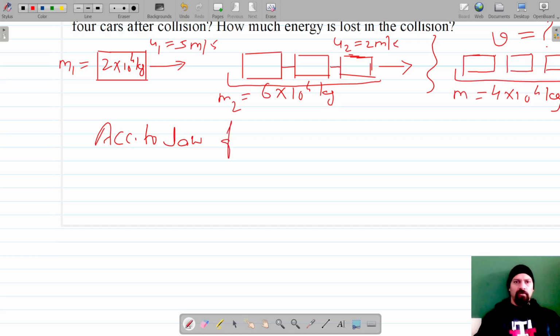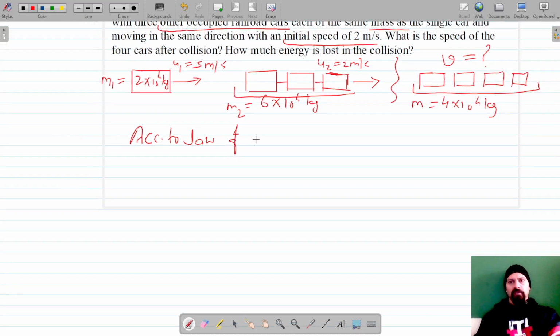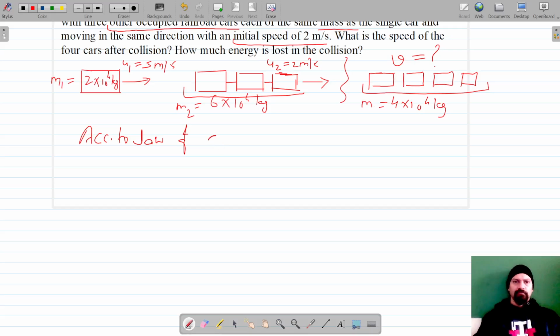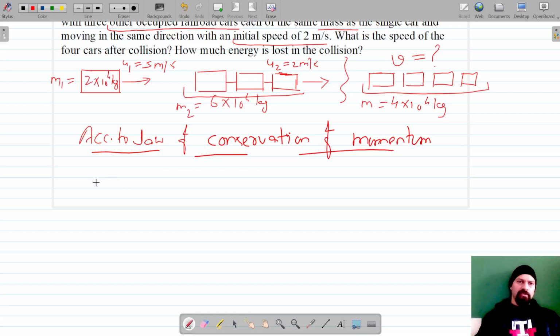So according to the law of conservation of momentum, the initial momentum of the system, that is m1 u1 plus m2 u2, should equal the combined mass m times the combined velocity.